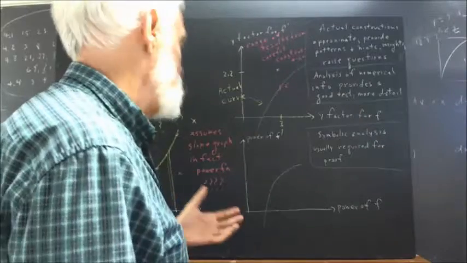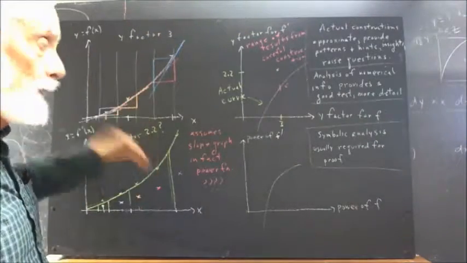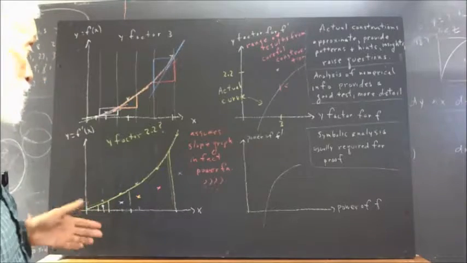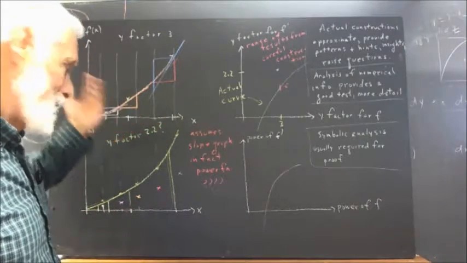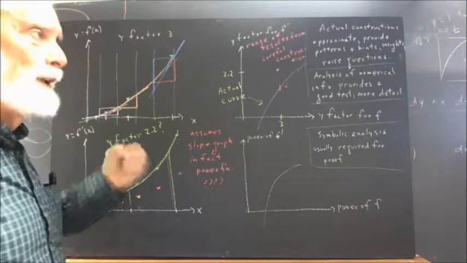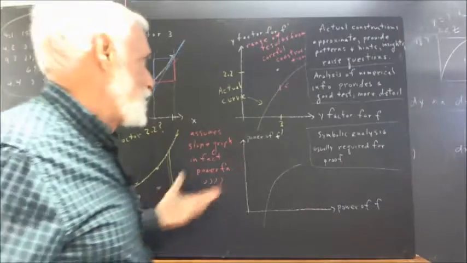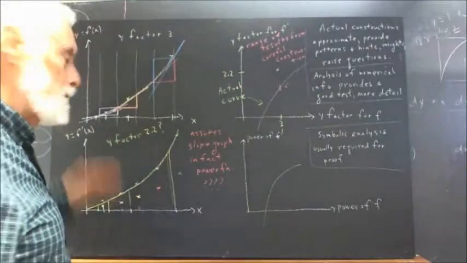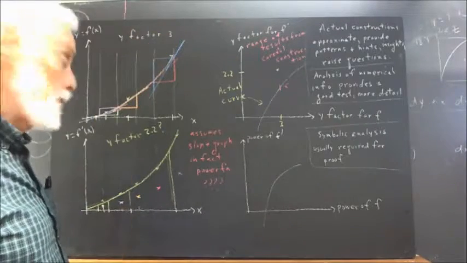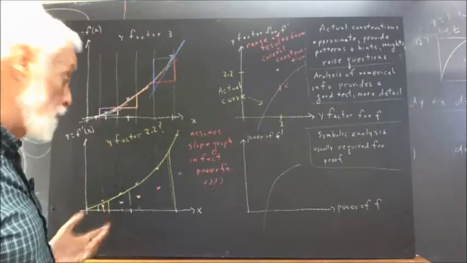Okay, we can't construct any of these graphs down to the nearest atom, and even if we did, it still wouldn't be 100% accurate because atoms have size. There's no way to get an actual perfect curve and construct actual perfect tangent lines and so forth. We can be really careful and we can get pretty close.